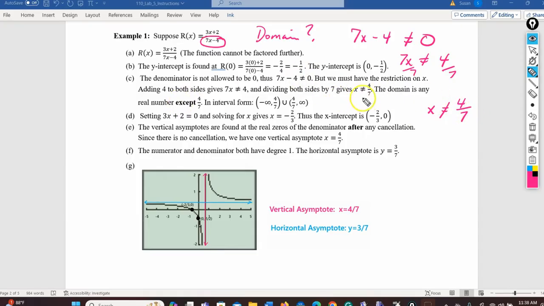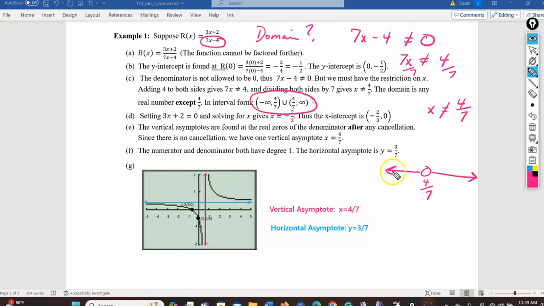So, as a sentence, the domain is any real number except 4/7. The domain is the set of allowable x values. So in interval form, it would be this. On a number line, you would not allow 4/7, but you would allow anything to the left or the right.